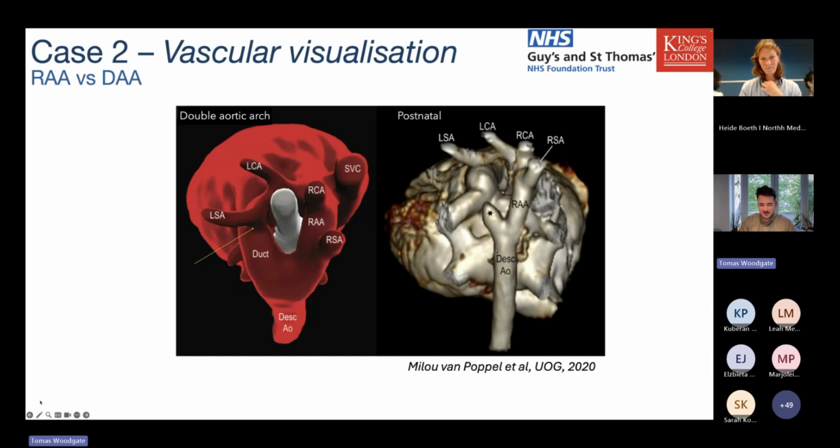Postnatally, what's happened is they've undergone atresia of this distal portion of the left arch, and they've ended up with an arch that looks on this postnatal CT scan very similar, if not indistinguishable, from a right arch with mirror image branching. So there's a unique diagnostic window or opportunity to get the diagnosis right in fetal life for these cases. So we sometimes see cases where there's a suspected double arch.